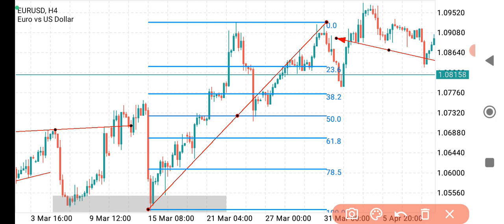Now, having established that, you will consider your premium and discount zone. You will only begin to look for where to make an entry only and only if price returns to at least 50%, which is where this price returned to, 50% of your Fibonacci.